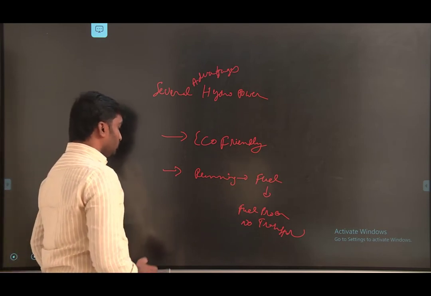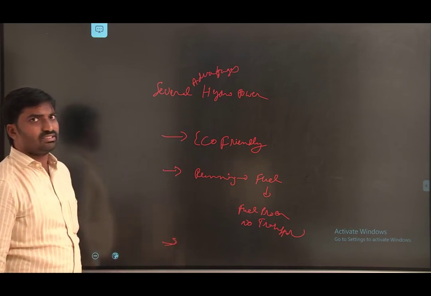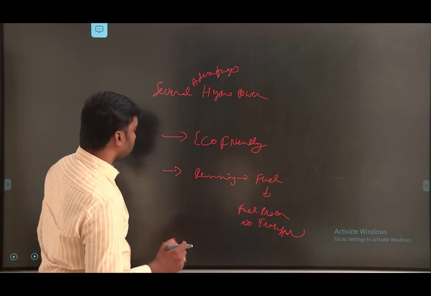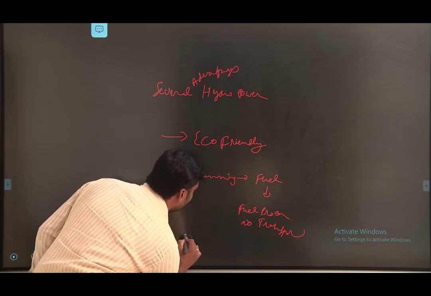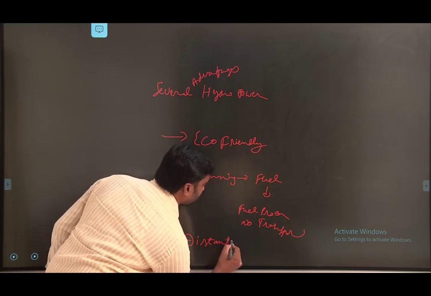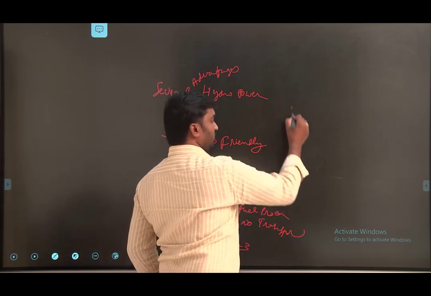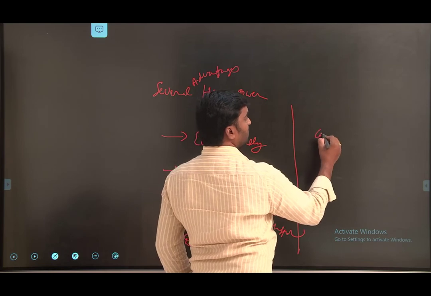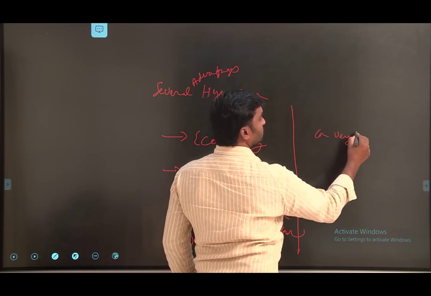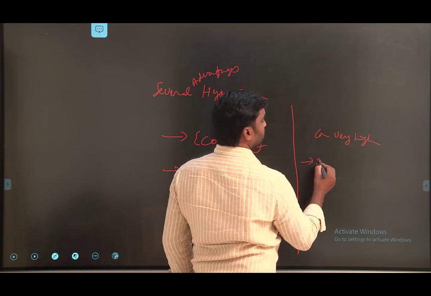And the hydroelectric power plants have some disadvantages also. So what are some disadvantages of a hydroelectric power plant? The construction time is very high, and the initial cost is also very high.